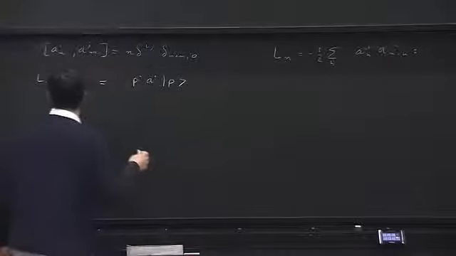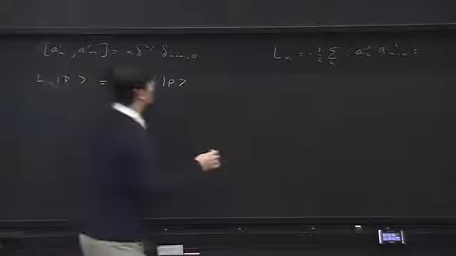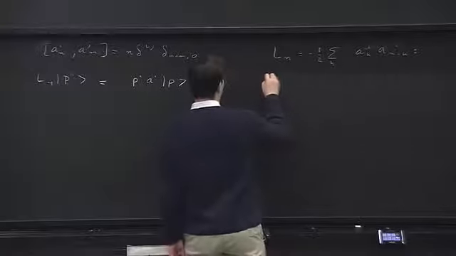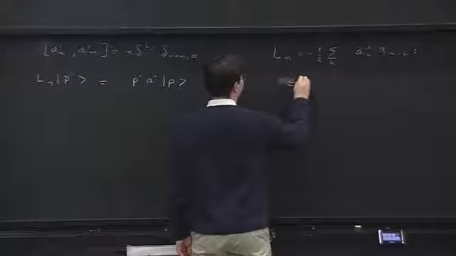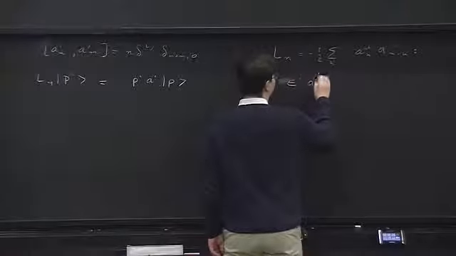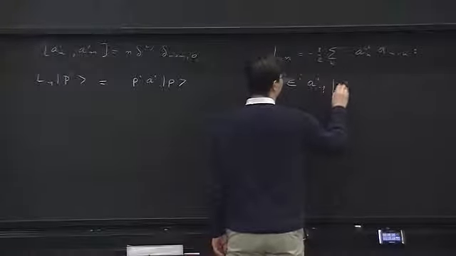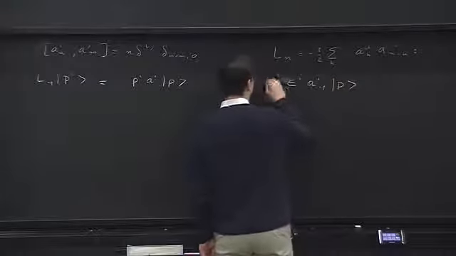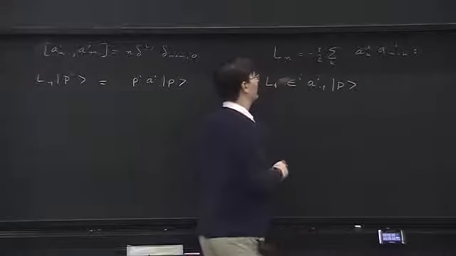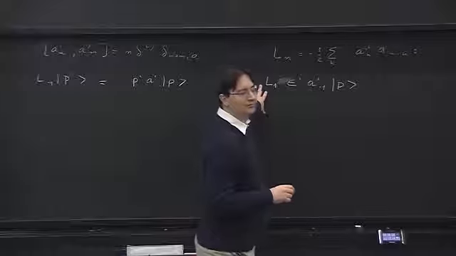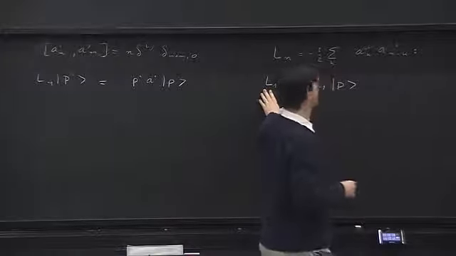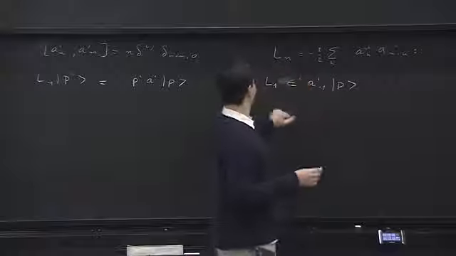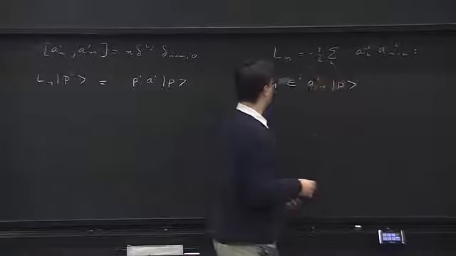So let's check. I can take a state, let me write this. Let's check if a state like this can be killed by L1. It's surely killed by L2, L3, and so on, because they would try to make it have negative energy.